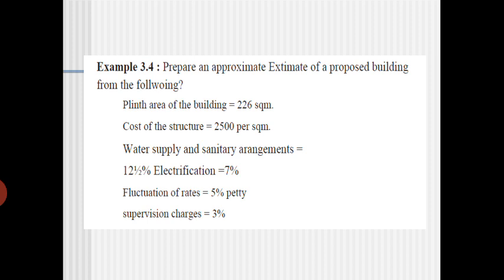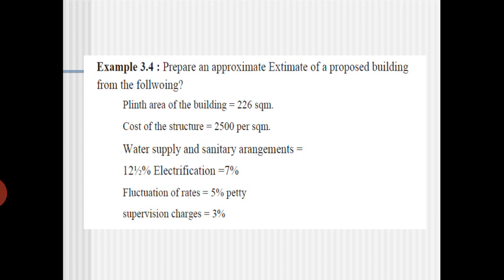See, the problem is like this. Prepare an approximate estimate of a proposed building from the following data. The plinth area of the building is 226 square meter and the cost of the structure is 2500 per square meter.